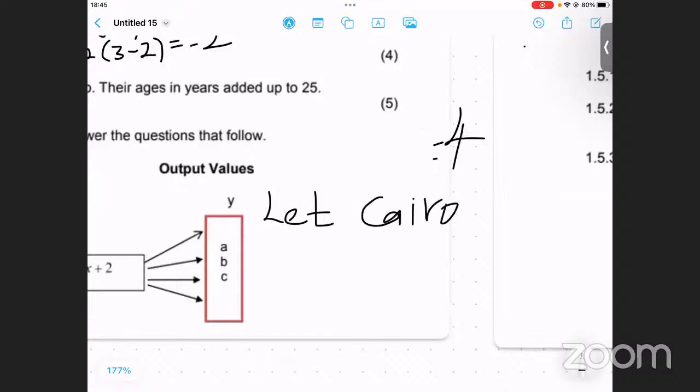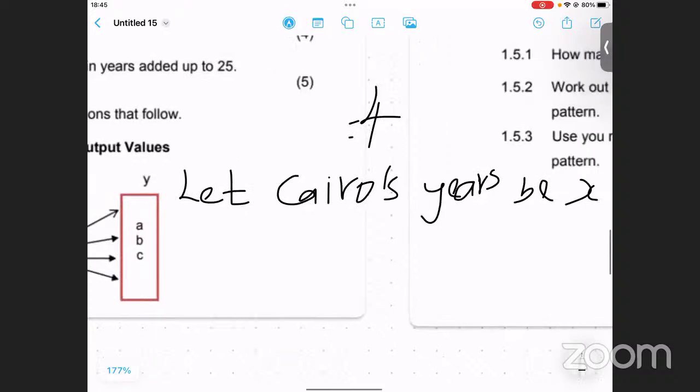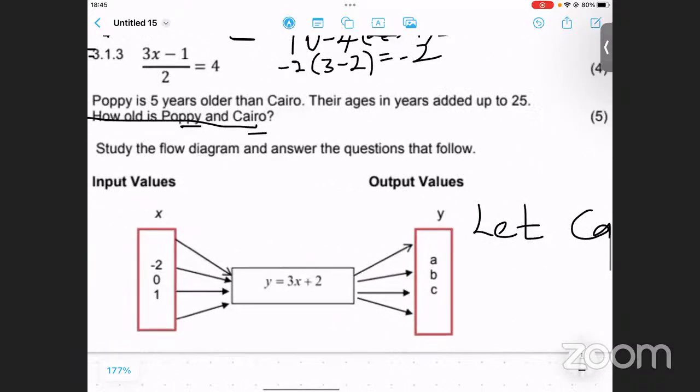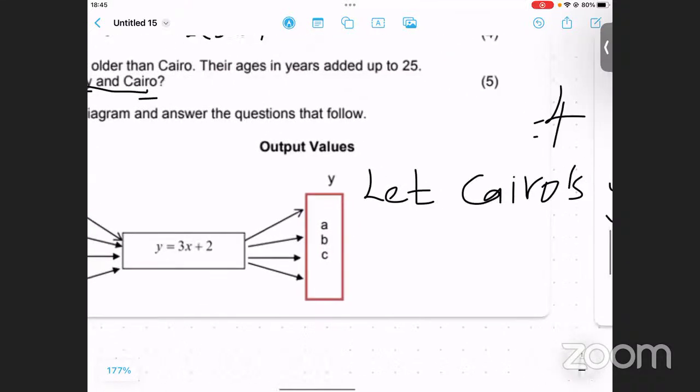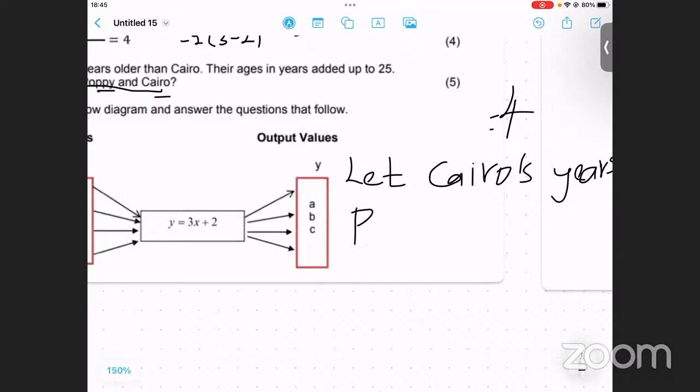Okay, so we're going to let Cairo's years be x. You have to state this statement so that we can know. So if Cairo's years is x, remember we said Bobby plus Cairo's years is equal to 25. I'm just going to write their names here so I don't forget.